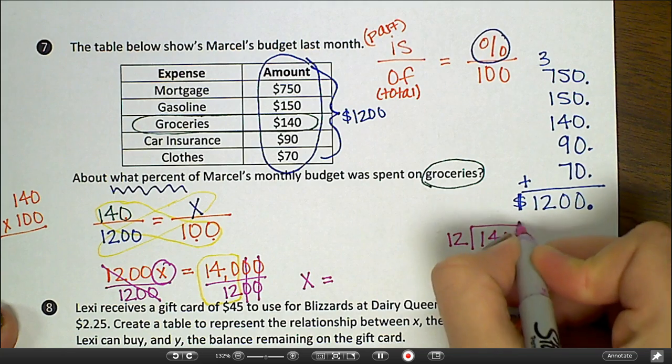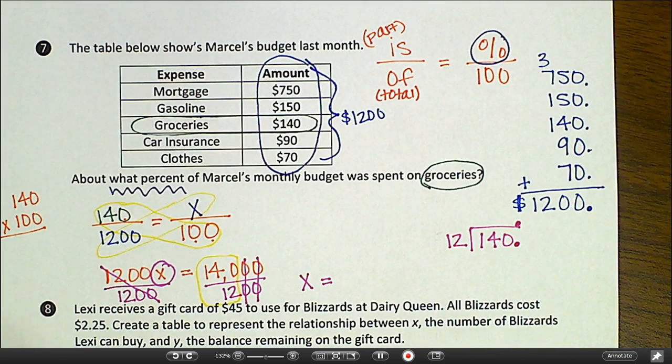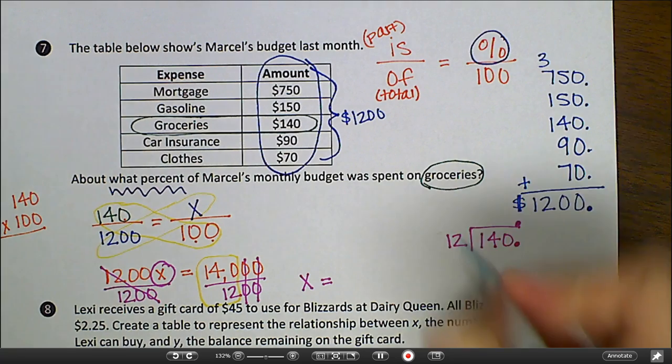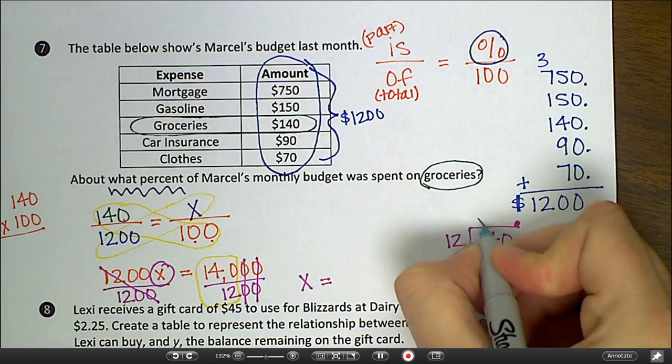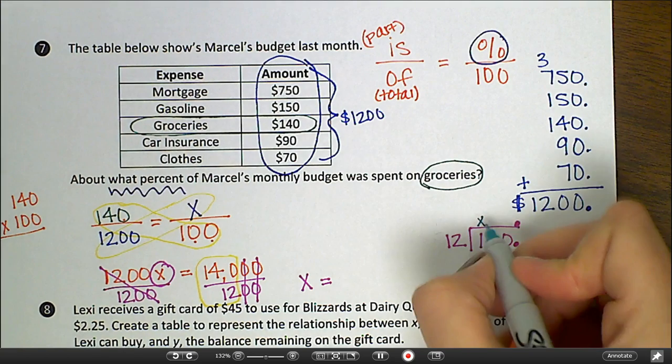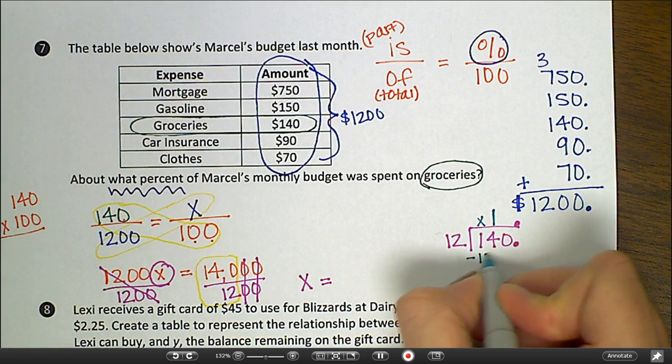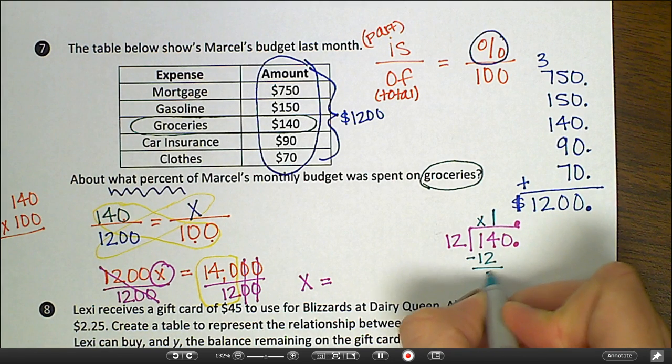We always want to bring our decimal up to the quotient before we start dividing. 12 goes into 1, not at all, but it goes into 14 one time. 1 times 12 is 12. We subtract and get 2.